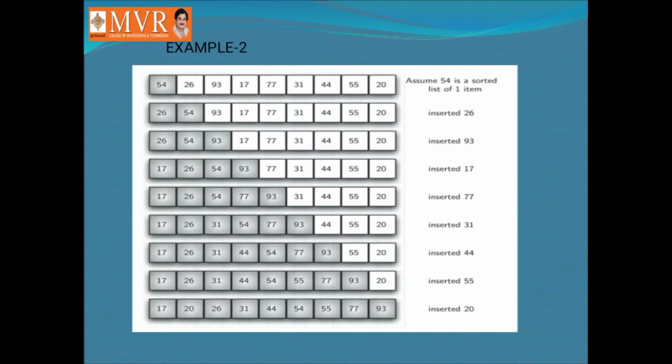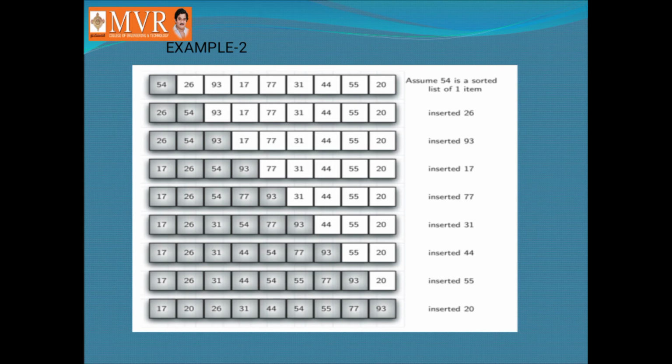This is another example demonstrating the insertion sort technique. Here we consider a list of elements, that is 54, 26, 93, 17, 77, 31, 44, 55 and 20. First I assume that my element 54 is in order and start the process.